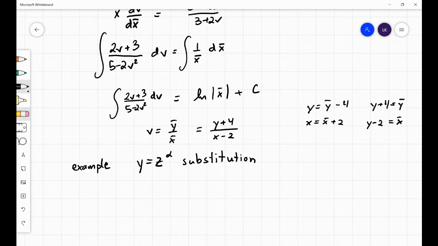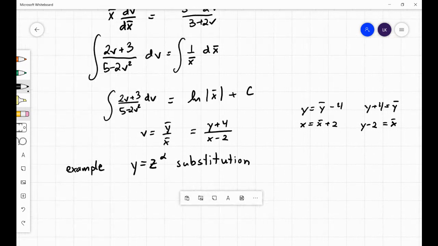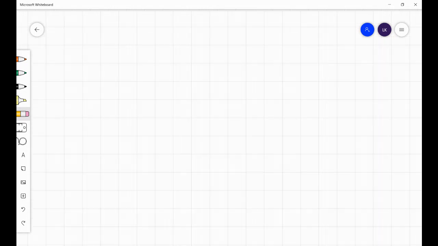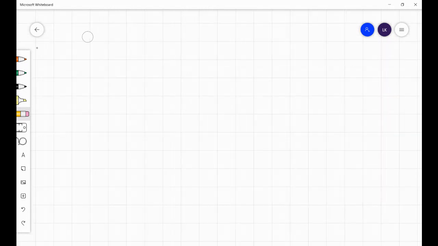Okay. So this is again where we take a differential equation which is not homogeneous, but turn it into one via the substitution.